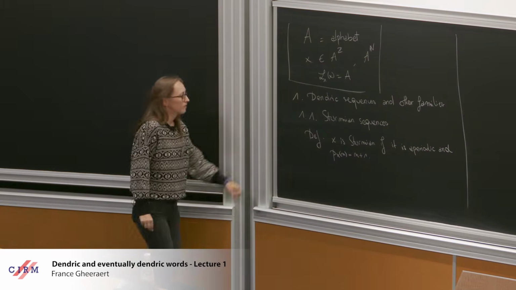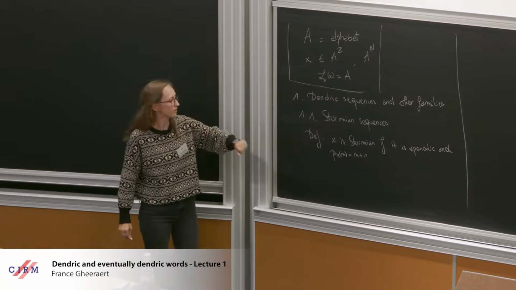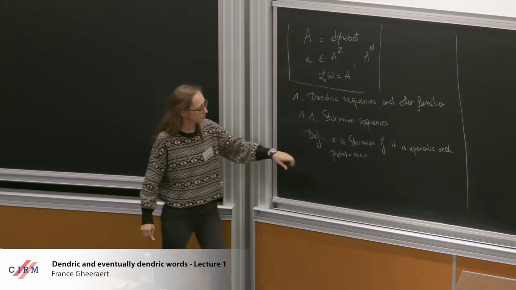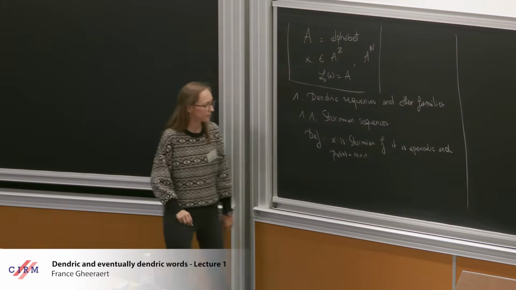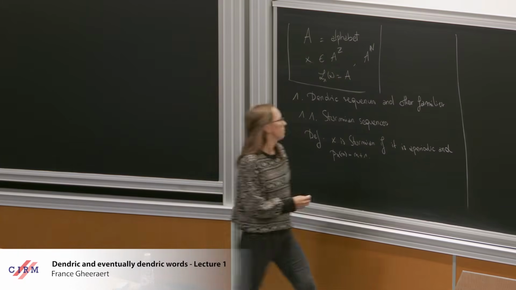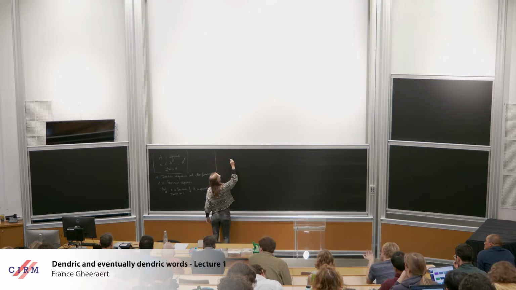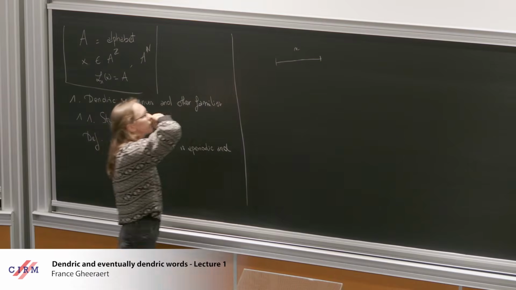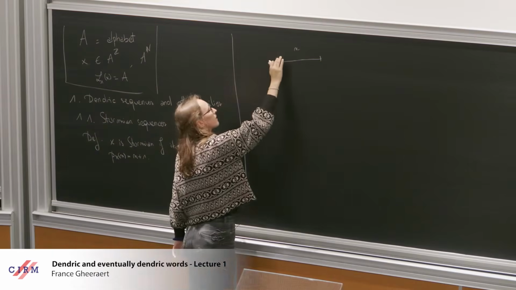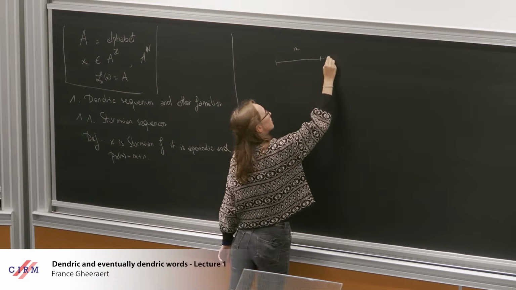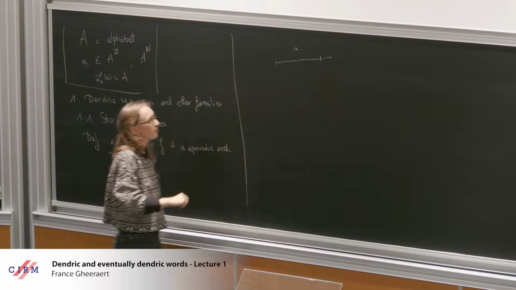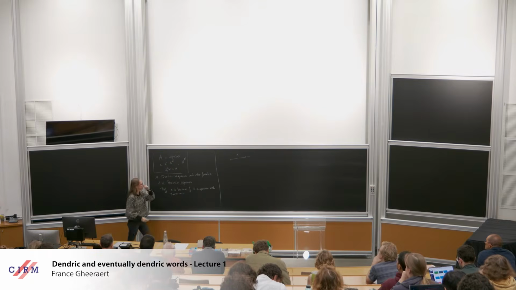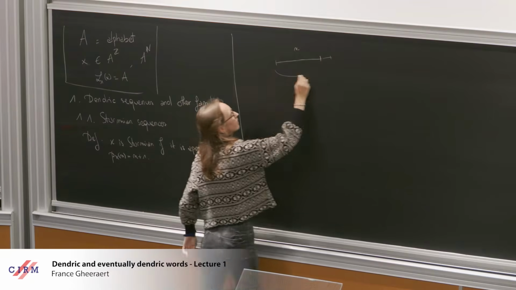Okay, so these are classical sequences. And as a direct consequence of this definition, you can see that if you take a word of length n, there is always at least one way of extending it to the right to obtain a word of length n plus 1 that is also in your sequence.